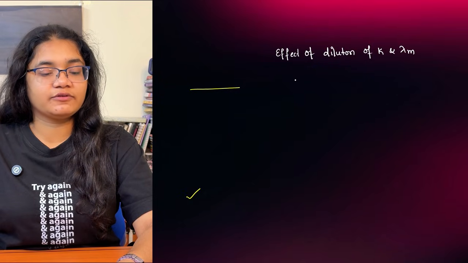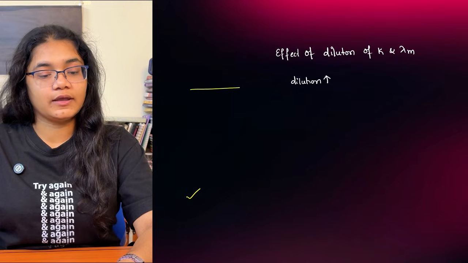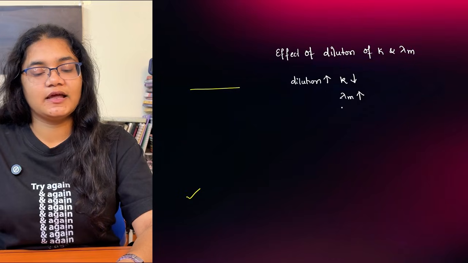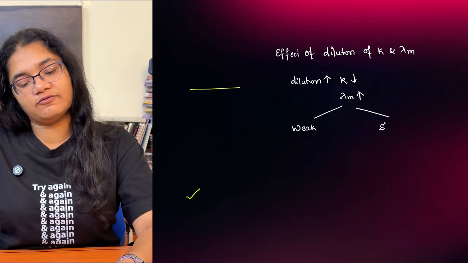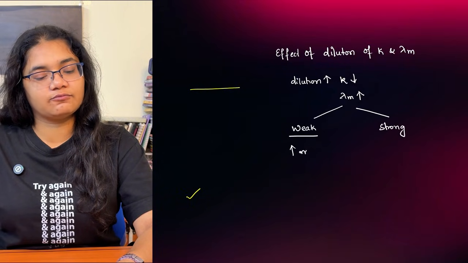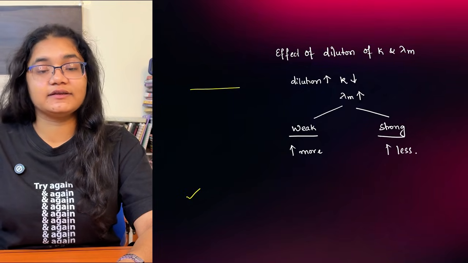So the first thing is, when dilution increases, kappa value decreases and molar conductivity value increases. Now molar conductivity increase we will study in two cases, for weak electrolytes and for strong electrolytes. In case of weak electrolytes the increase is more, and in case of strong electrolytes the increase is less. What is the reason for that?